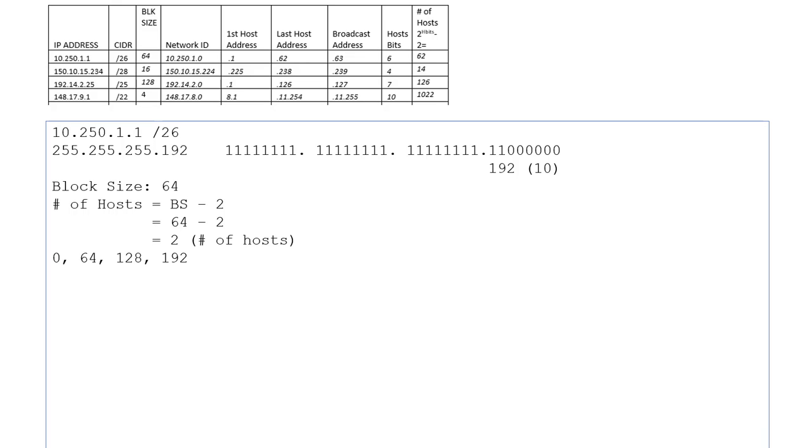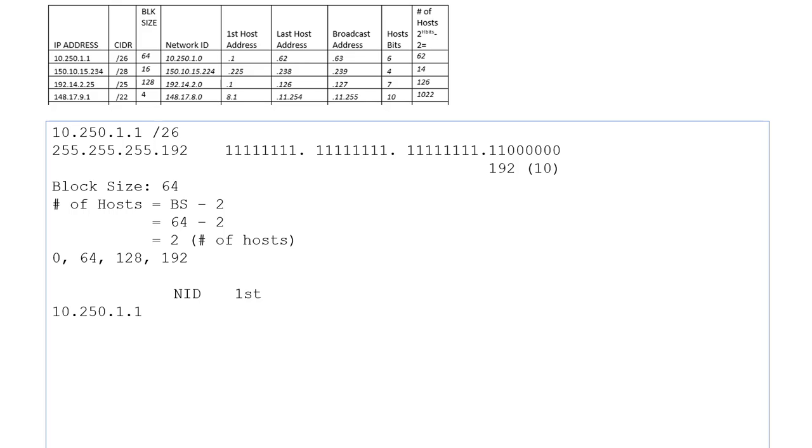Our first block, if you notice, our blocks are going to run, and I'm just going to write this table out very quickly. So I've got a 10.250.1.1 and so my network ID, I'm always going to be working in the last octet.